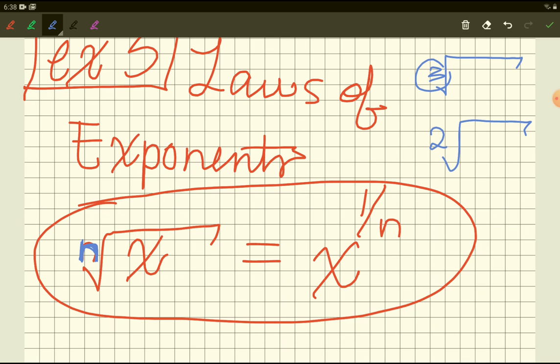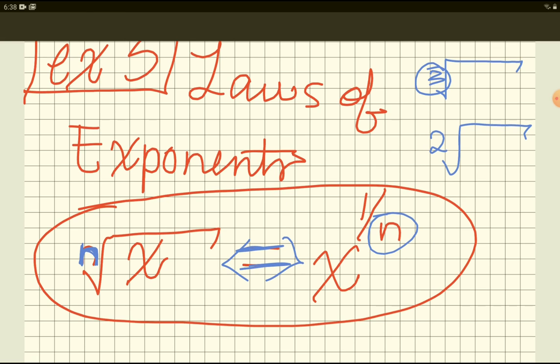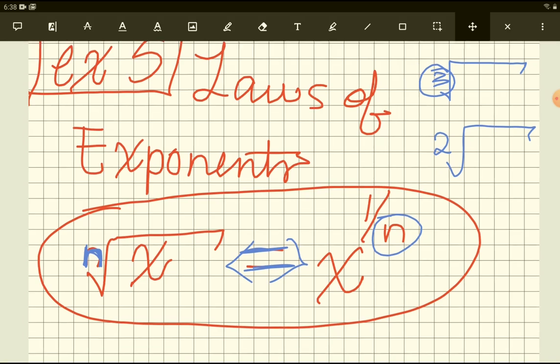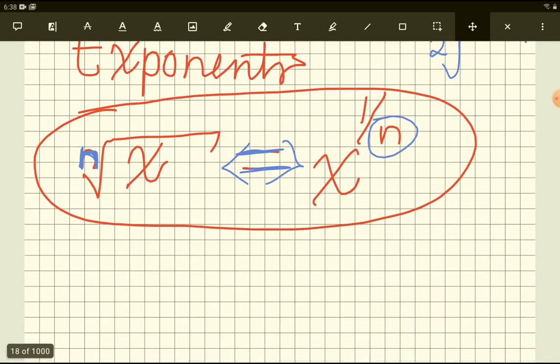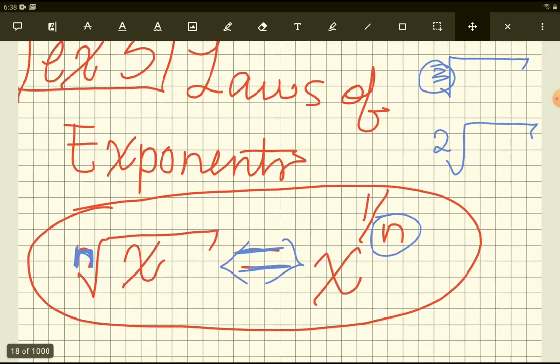Whatever number is here, it actually goes here as the denominator. This relationship is extremely crucial. You will especially need to know it and be comfortable with it and be able to use it fluently when finding derivatives that involve square roots. And we're going to do an example right now.